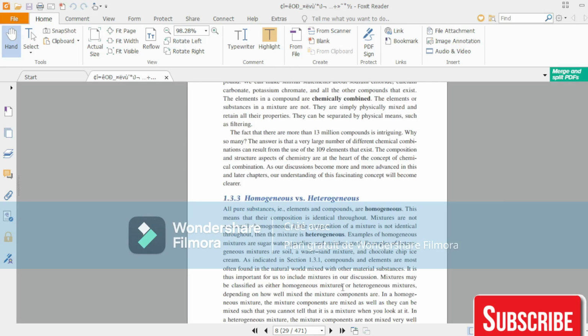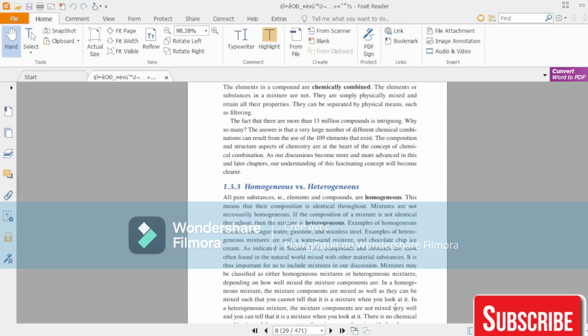So mixtures may be classified as either homogeneous mixtures or heterogeneous mixtures, depending on how well mixed the mixture is. In a homogeneous mixture, the mixture's compounds are mixed as well as they can be mixed, but you can tell that it is a mixture when you look at it.